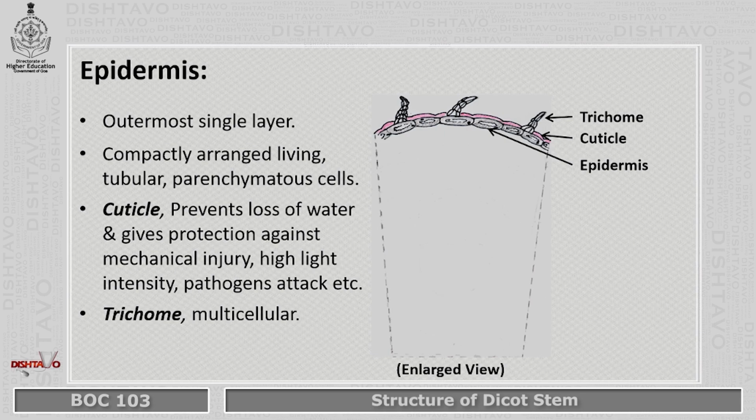It prevents loss of water and gives protection against mechanical injury, high light intensity, pathogen attack, etc. Besides cuticle, on the surface of epidermis, we see presence of multicellular appendages called trichomes. They are also sometimes referred to as multicellular epidermal hairs. So, in dicot stem, we see presence of cuticle and trichomes on the epidermis.